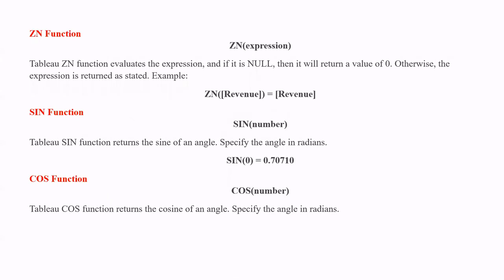The ZN function is a very important function. Sometimes a value may not be there. For example, assume in a calculated field you have 3 fields, one is null and the remaining all have values, and you are doing addition or division or multiplication. Assume selling price and cost price: selling price minus cost price will give us the profit or loss.